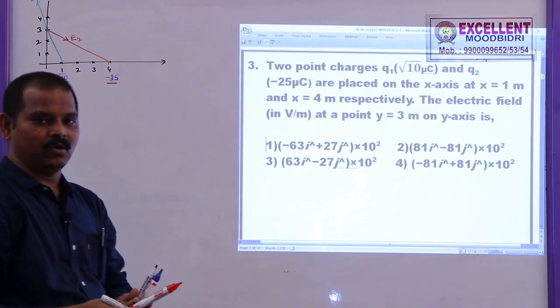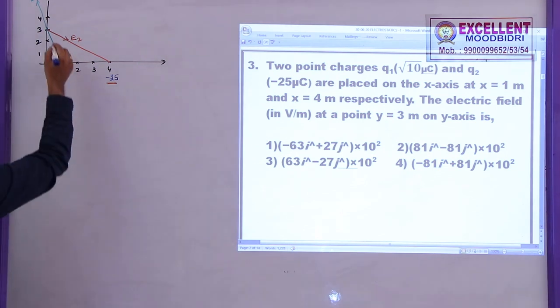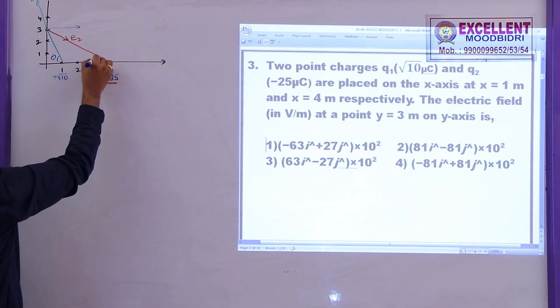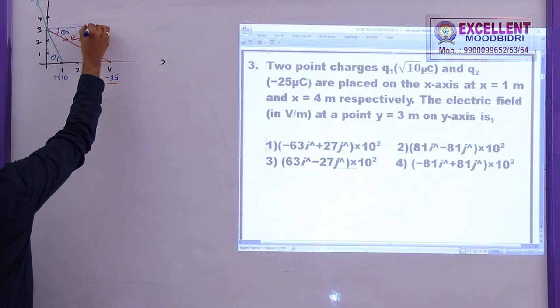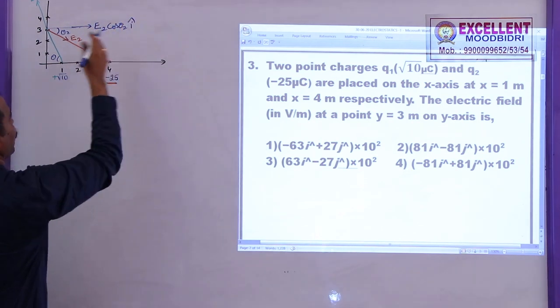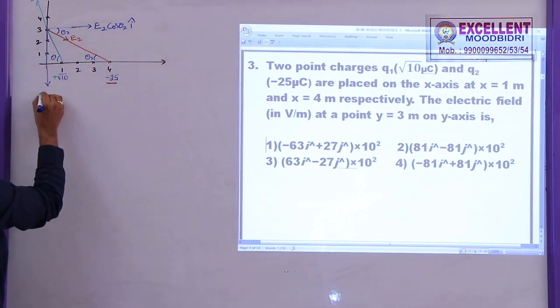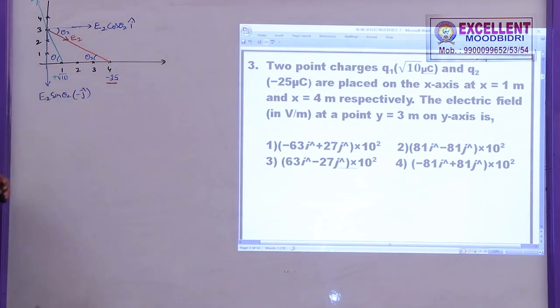Now I need to find the net electric field at point 3. For this I need to resolve this into two components. Let me take this as theta 1 and this as theta 2. This component will be E2 cos theta 2 i cap, positive direction, and this will be E2 sin theta 2 minus j cap, as it is downwards along negative y-axis. Similarly, E1 can also be resolved into two components.